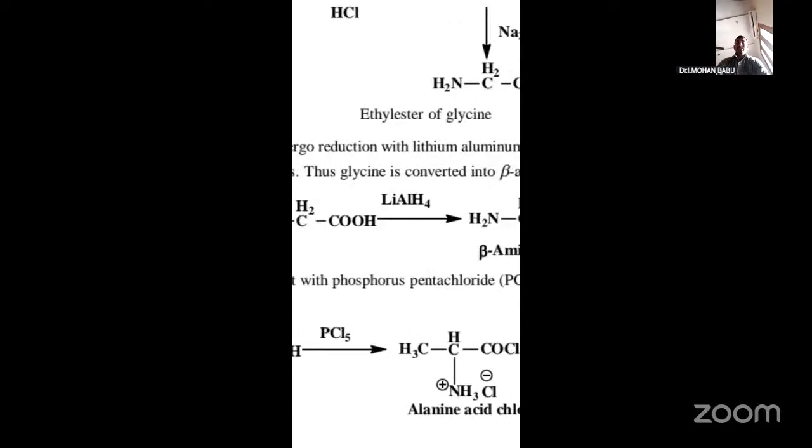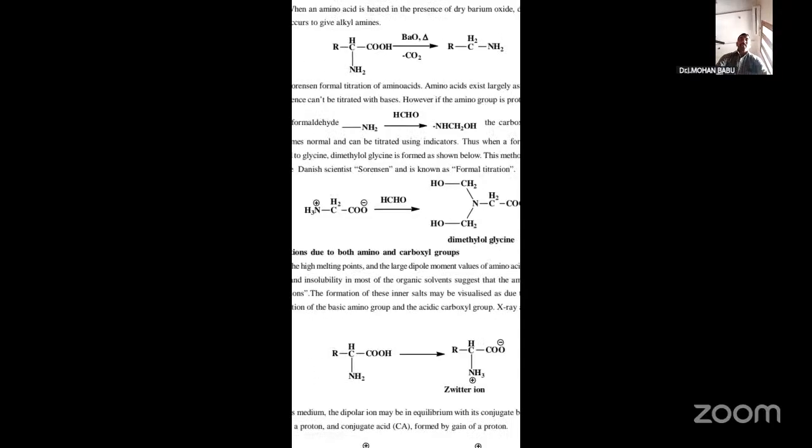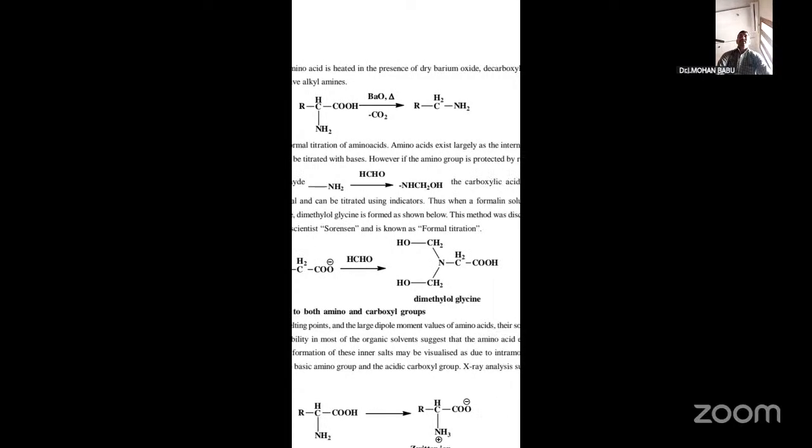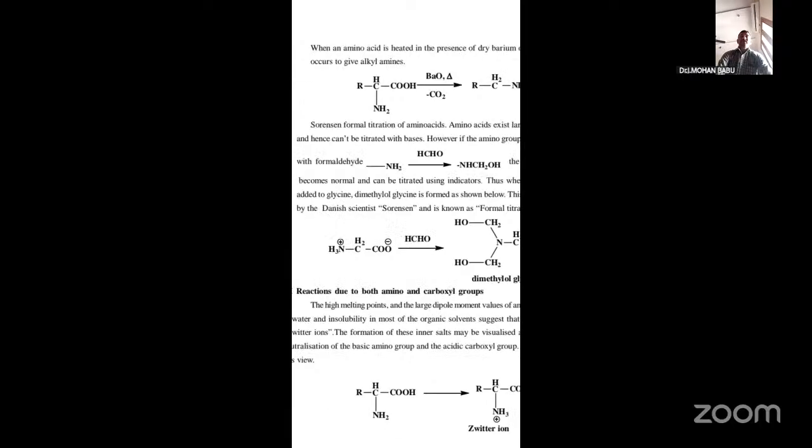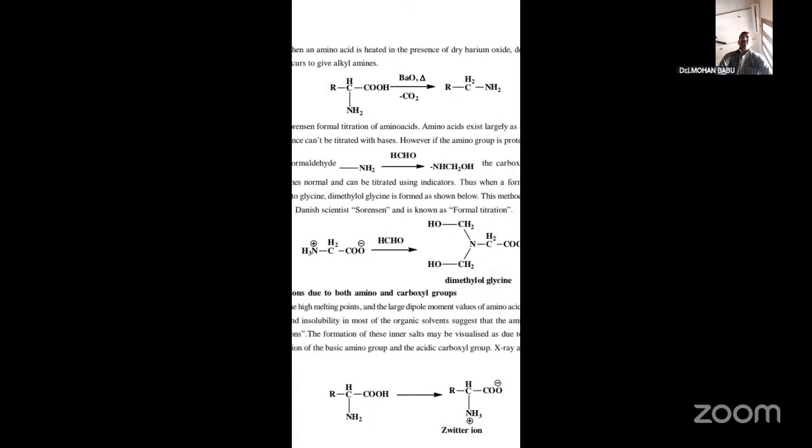And when the alpha amino acid is heated with barium oxide, it leads to decarboxylation and gives the alkyl amines. The simple amines are obtained.